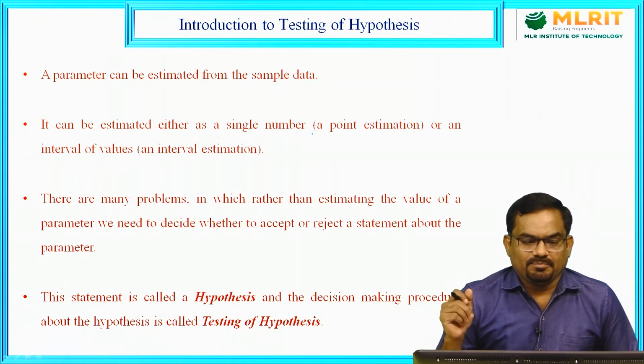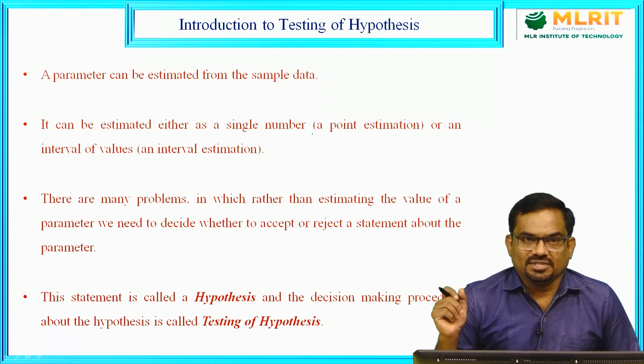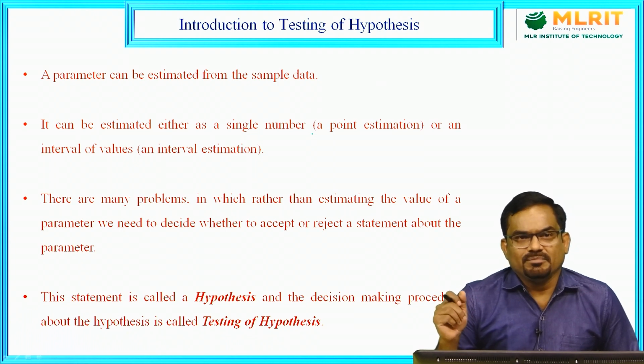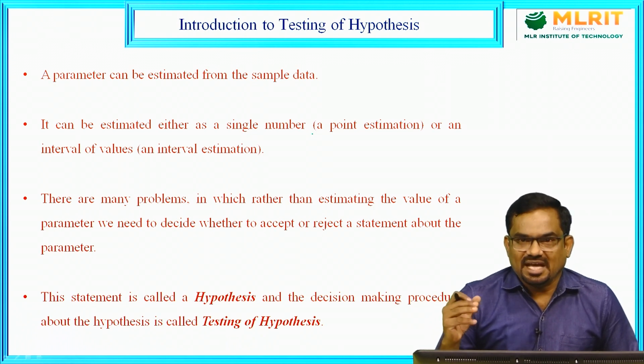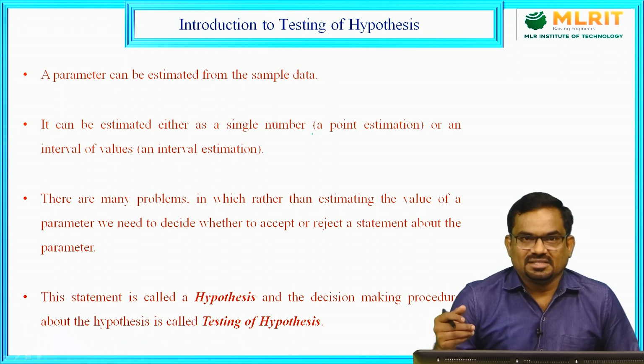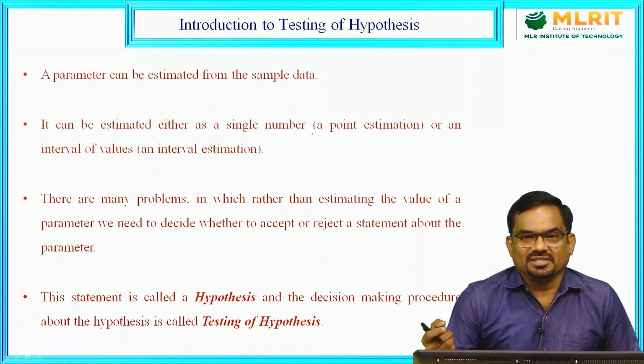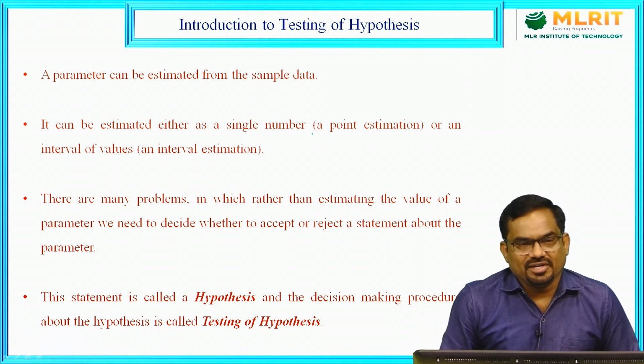Coming to the first part, Introduction to Testing of Hypothesis, a parameter can be estimated from the sample data. So here, before going to discuss the actual topic, I would like to discuss a few things like population, parameter, samples, statistics, etc. All of us know that a population is a set of observations under consideration, and a sample is a non-empty subset of population.